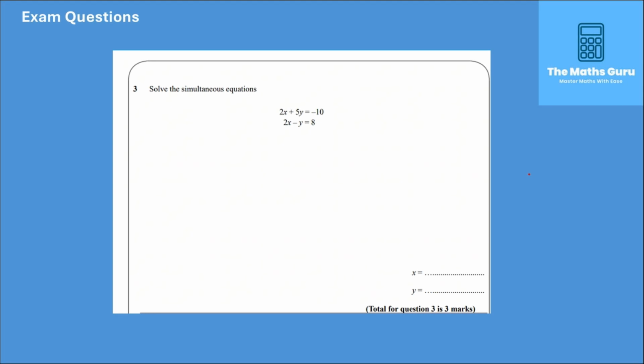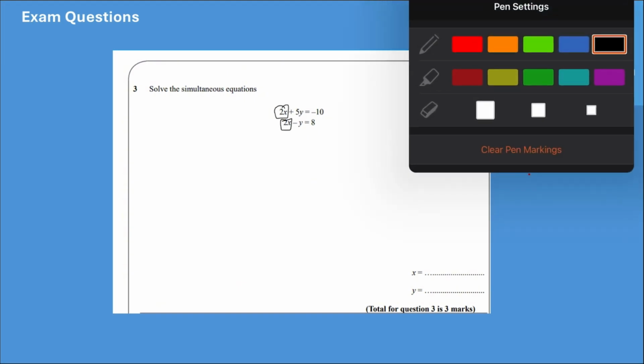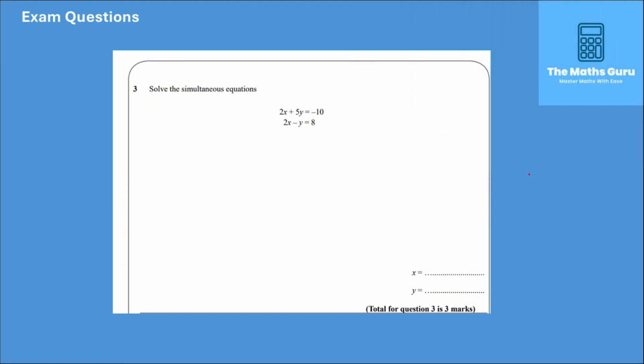So, if you remember from our revision lessons, in this case we're going to cancel out our x's. I thought we were going to cancel out our y's, but 2x and 2x are the same, so we can cancel out our x's.